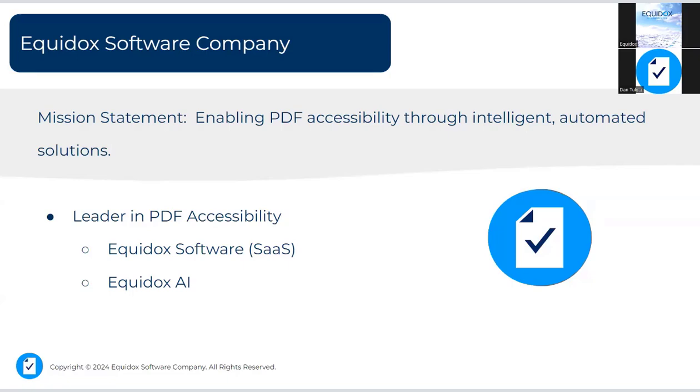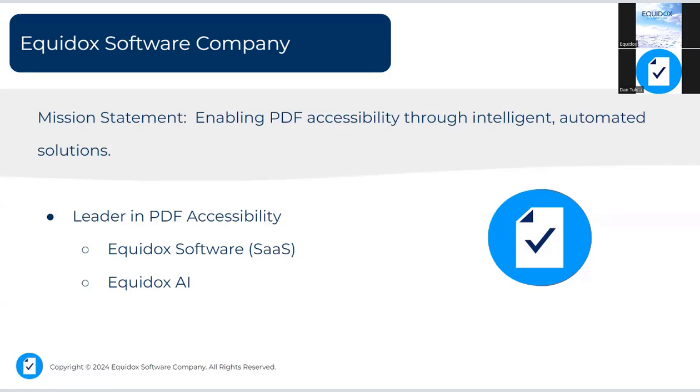Obviously, that's just a volume of documents and pages that no human could handle remediating on their own. So we can use Equidox AI, train artificial intelligence models to be able to automatically apply the accurate and compliant tags to those types of documents.